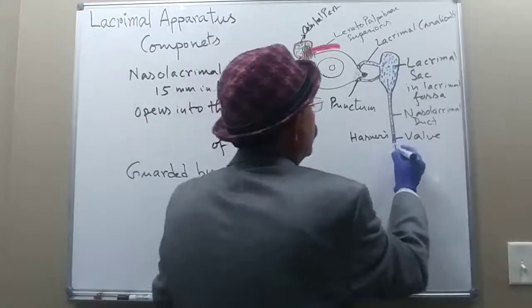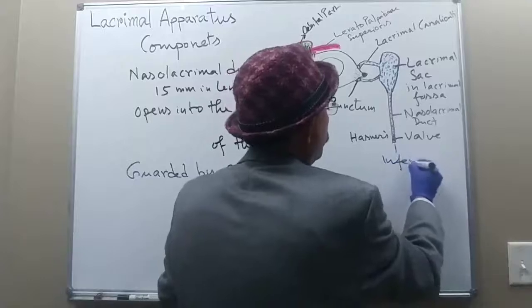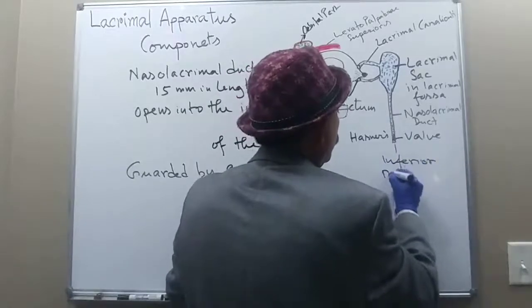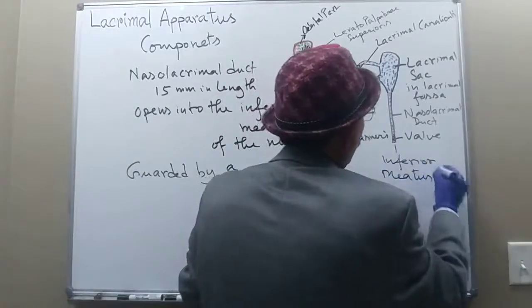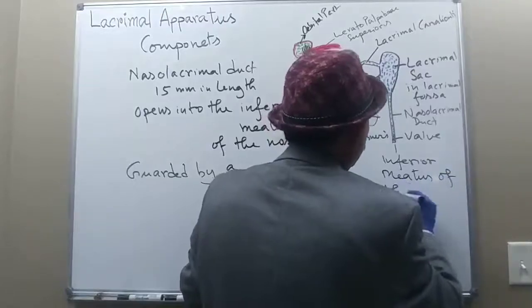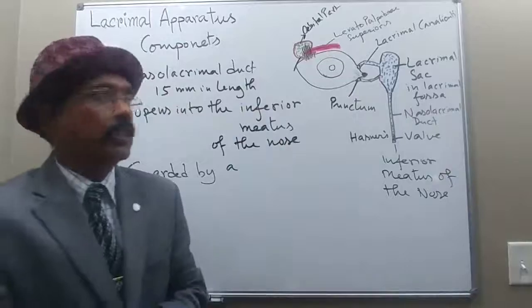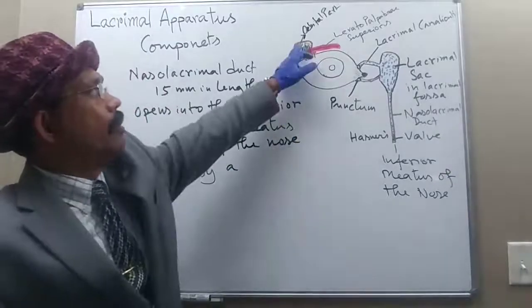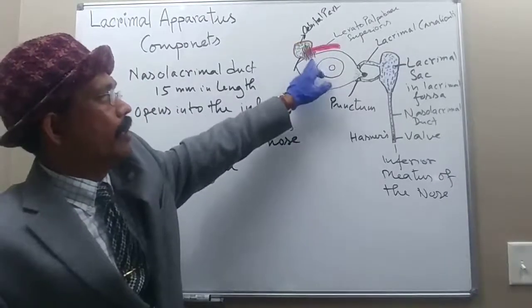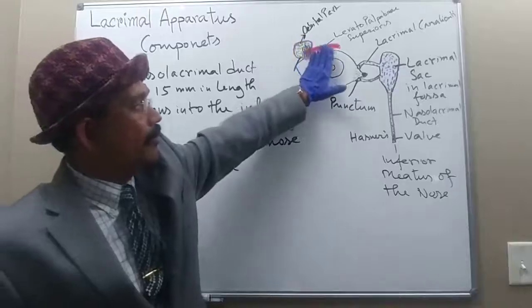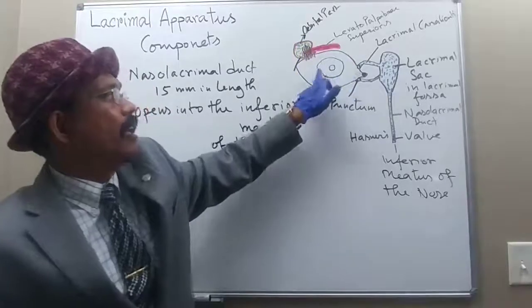Here is the inferior meatus of the nose. So we got the flow of the tear from the lacrimal gland, lacrimal duct, and it passes over the sclera and cornea.